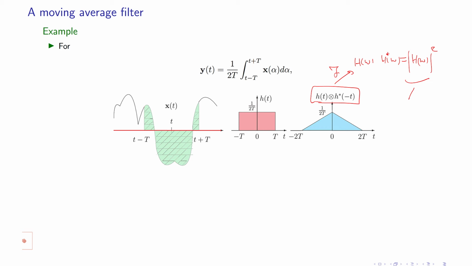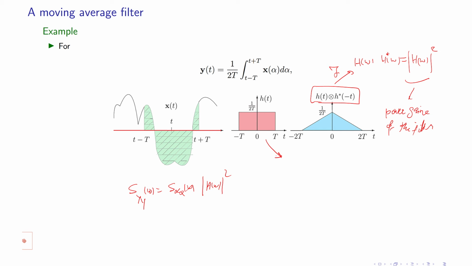This is the power gain of the filter. If the input is wide-sense stationary, the input and output shall also be jointly wide-sense stationary because we have an LTI filter. So in that case, S_YY of omega becomes equal to S_XX of omega times the magnitude of H of omega squared.